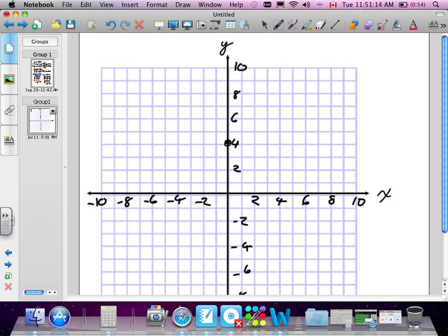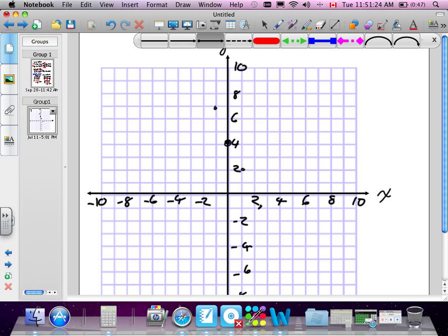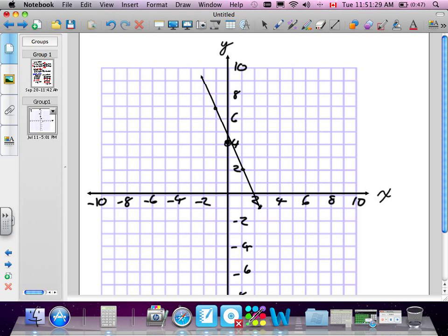And our slope was down 3 to the right 1. Down 3 to the right 1. Or up 3 and to the left 1. So let's draw this with a solid line. Here's our slope. We extend our line. Okay?